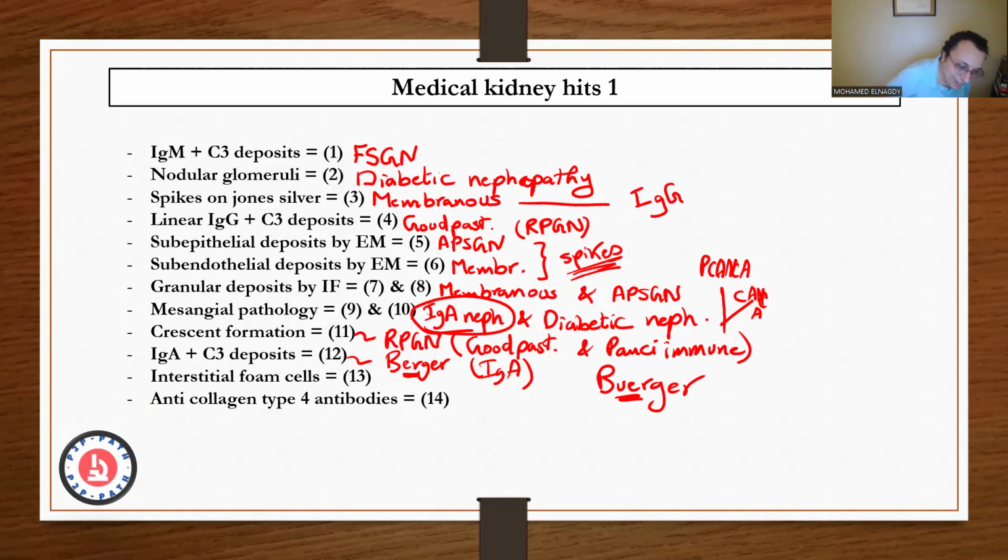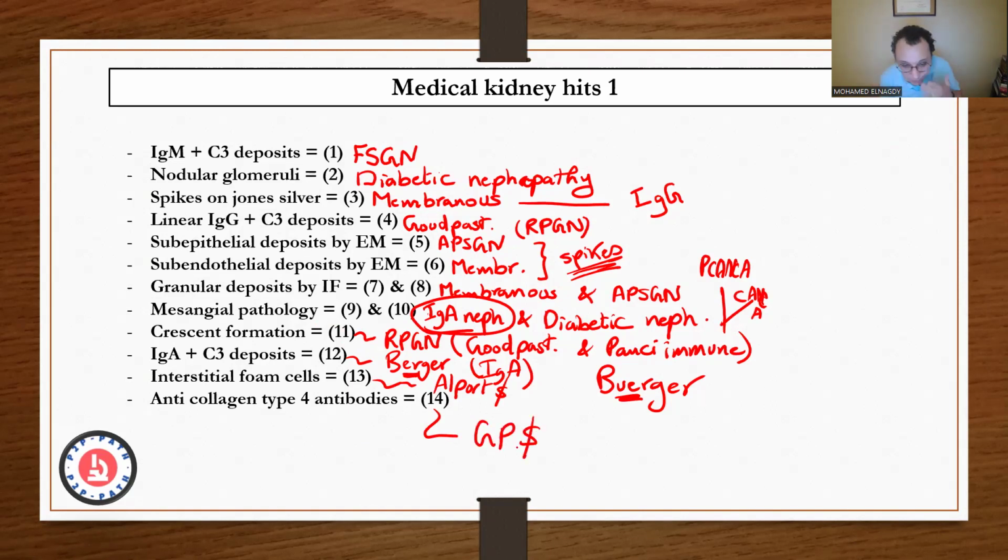So, what's interstitial foam cells? That's Alport. Alport syndrome. Yeah, good job. And anti-collagen type 4 antibodies. That's also Alport and GBM. GBM, which is the GPS, you mean, Goodpasture syndrome.